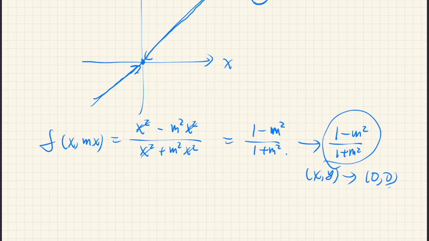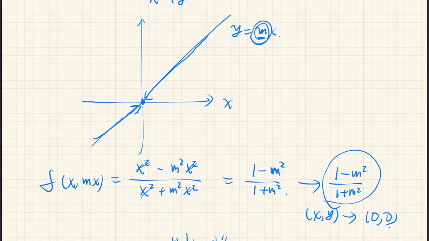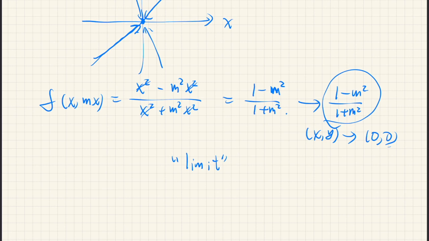So this limit, I will enclose with quotes, depends on the value of the slope m. Okay, so that means the limiting value depends on the slope, and so depending on the way you approach the origin, the limits are different. So that means this function does not converge to any unique value. Therefore, there is no limit in this case.